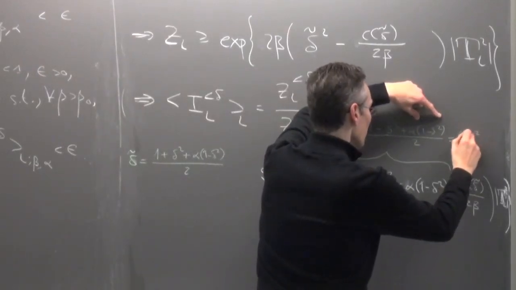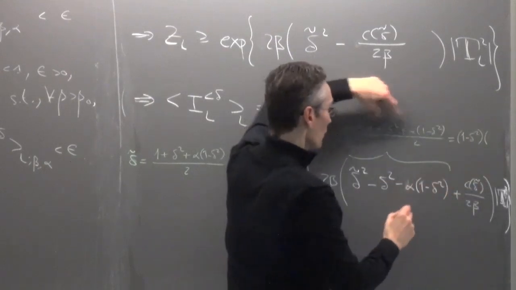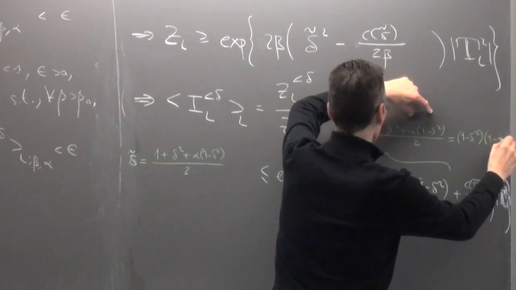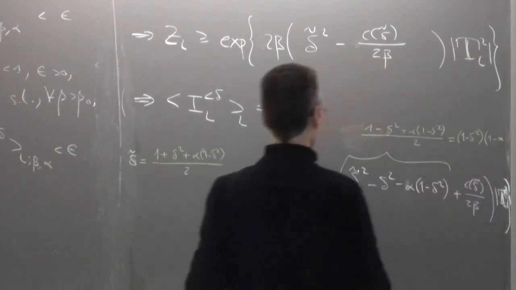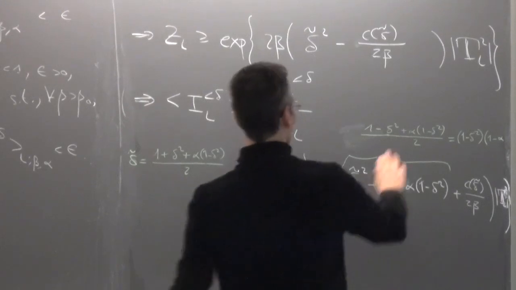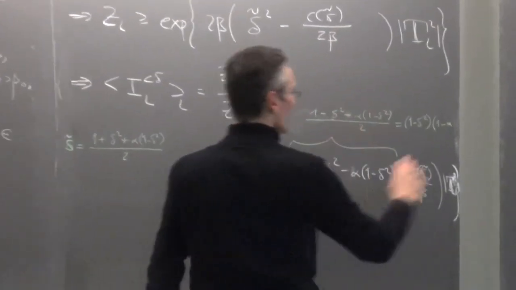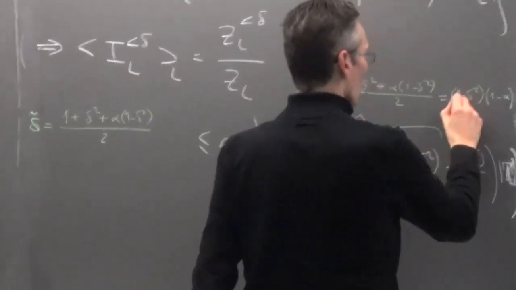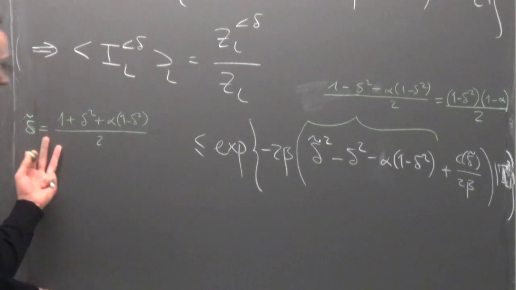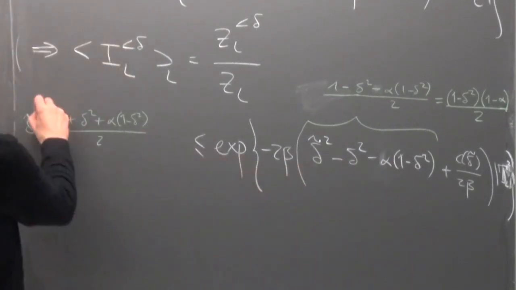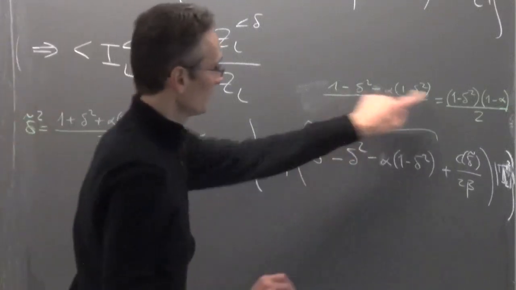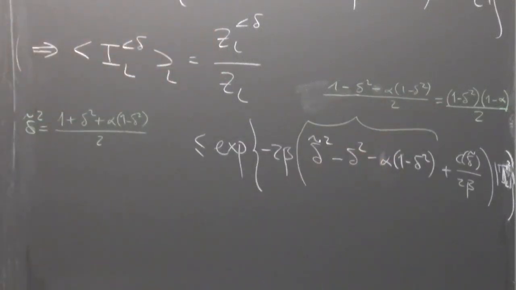So it's 1 minus delta square, which multiplies 1 minus alpha. Or 1 plus 1 should be 1 minus alpha if I made things correctly. So let me, yes, of course, there is a minus 1. 1 minus alpha, and over 2. So that's what we get. You just substitute for delta tilde square this quantity, and this gives you this expression.